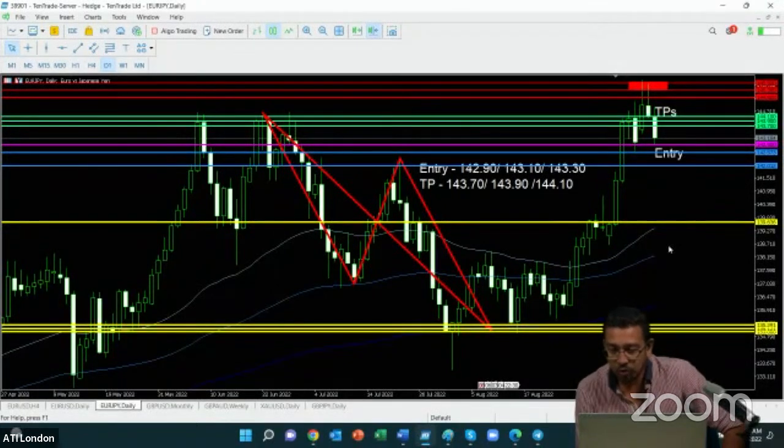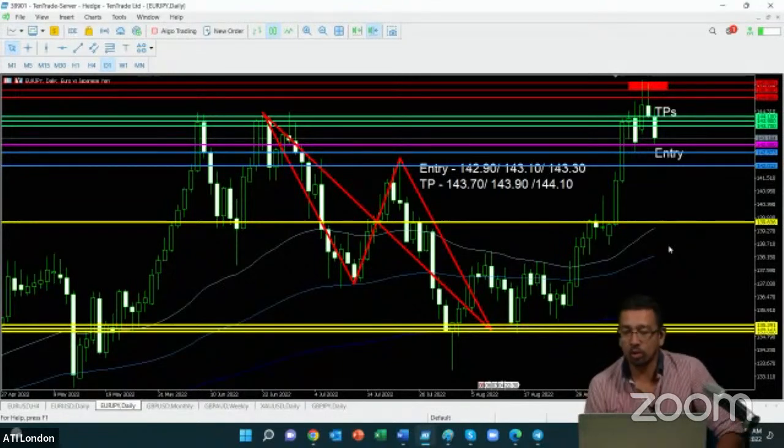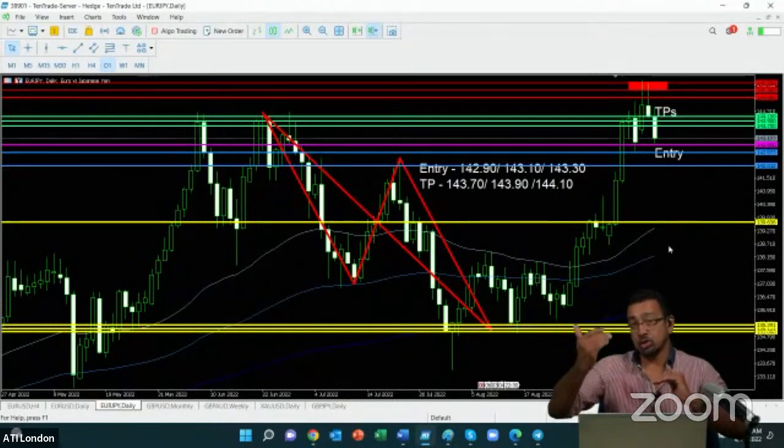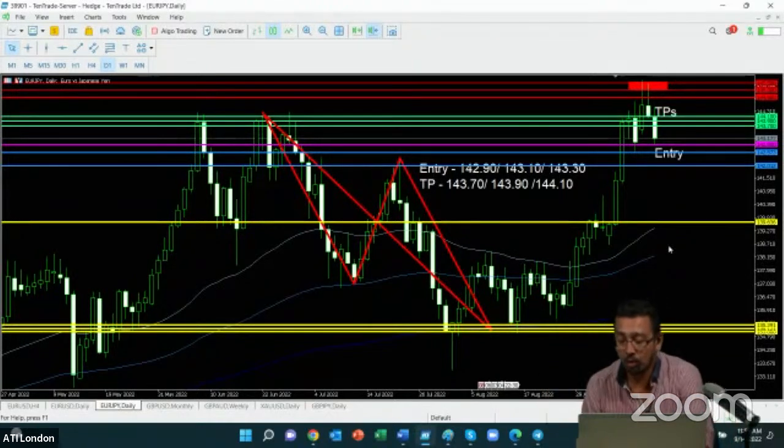Okay, so we have got 142.57. If you're selling at 142.90, it's got some room right there, and you can take profit at 142.60. That would give you about 30 pips or so, slightly less. And if you're looking at maybe a second entry and then take profit at 142.01, it's probably better not at 01 but 10 instead, so 142.10.